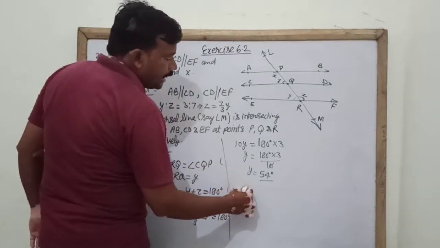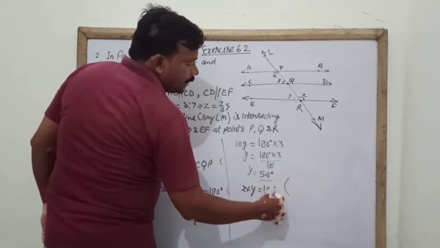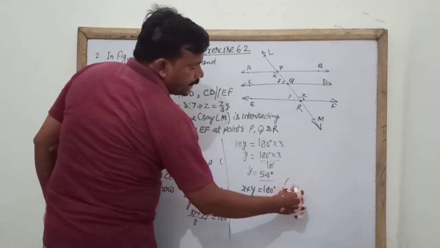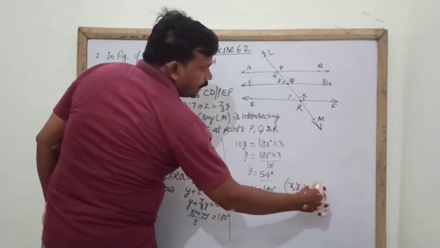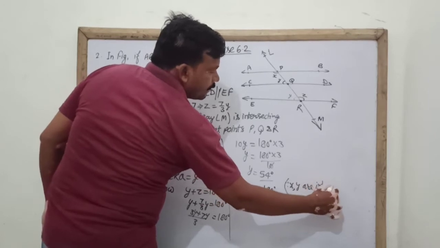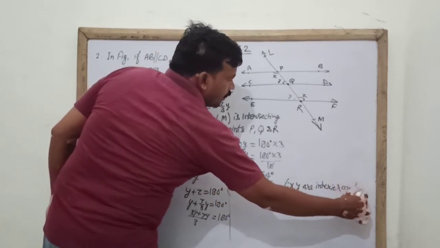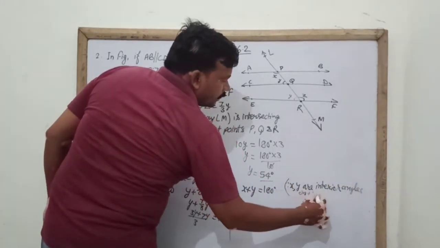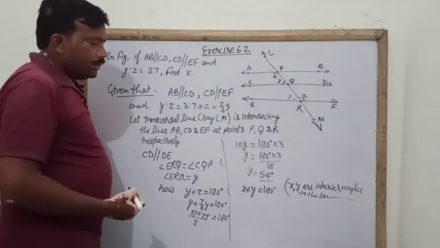Then we can write here x plus y equals 180 degrees, since x, y are interior angles on the same side of a transversal.